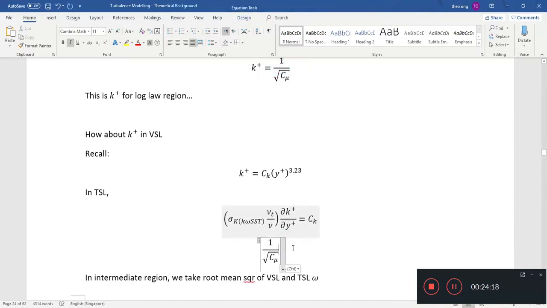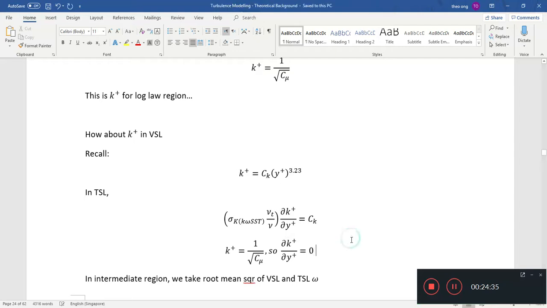Because k plus equals this, the differential of this equals 0.